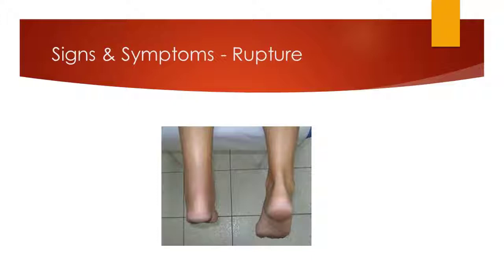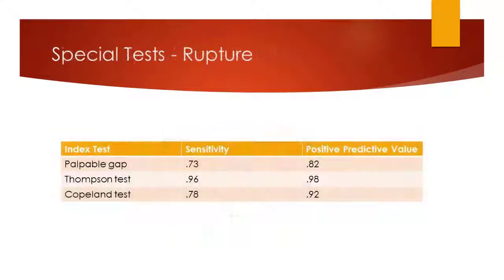When a person actually ruptures the tendon completely, they tend to report a sensation of having been hit or kicked in the leg. They may complain of a sensation of popping or snapping, and then obviously because of the rupture, they will have dysfunction.